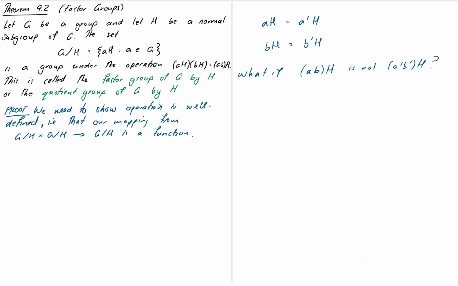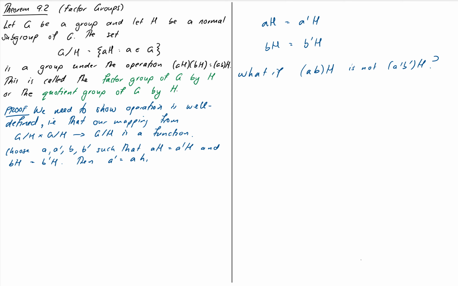Okay, so we're going to choose A prime, B, and B prime, such that AH equals A prime H and BH equals B prime H. Then we know that if AH is equal to A prime H, A prime is equal to A times H1.